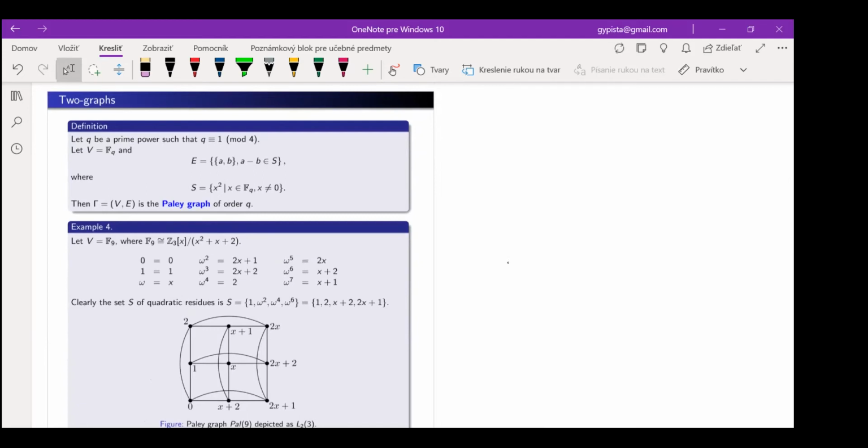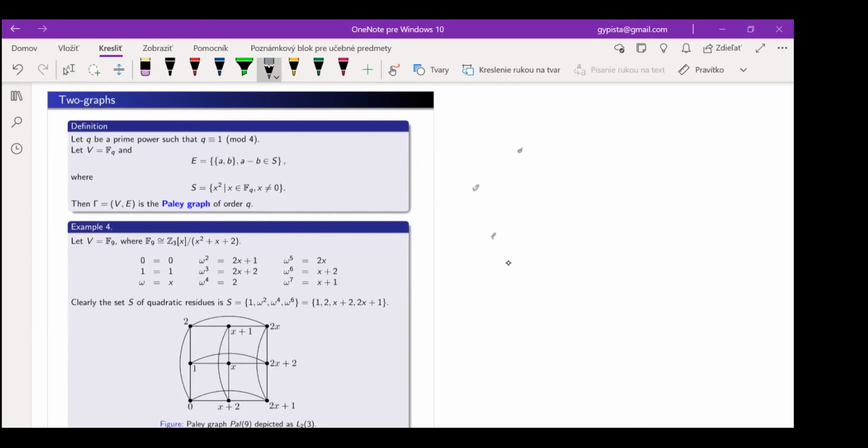We can construct a graph in such a manner that the vertices are the elements of the finite field, and two vertices are joined by an edge precisely when their difference is a non-zero square in the finite field. So this graph is called the Paley graph of order q.